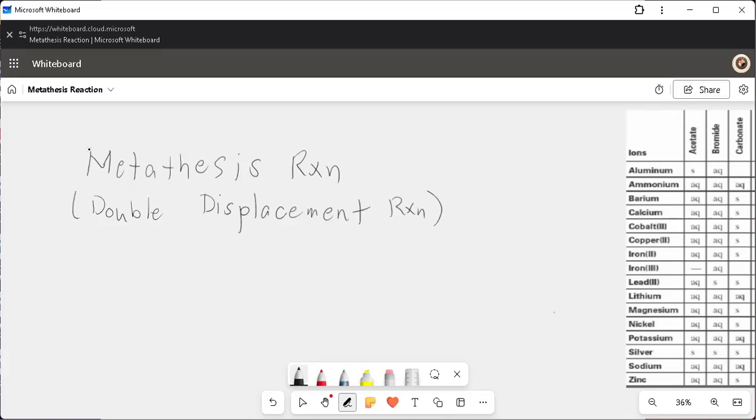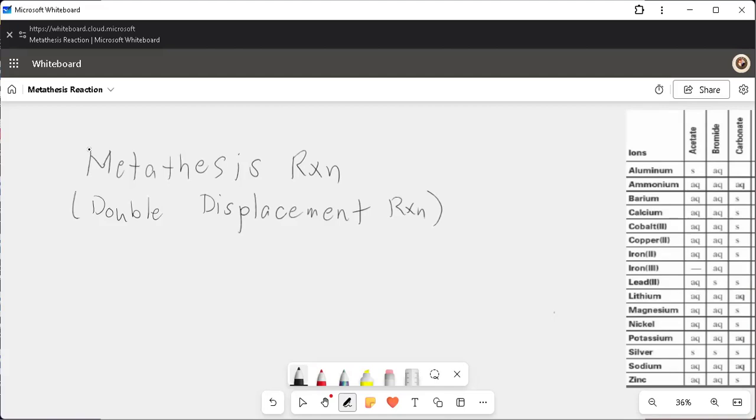Okay? But before we proceed, let me first present a very important table or chart that you need to consider when doing the metathesis reaction. Actually, this chart is not only applicable to the metathesis reaction, but also to other forms of reactions.